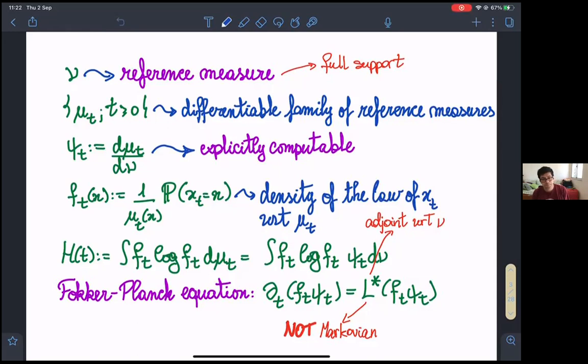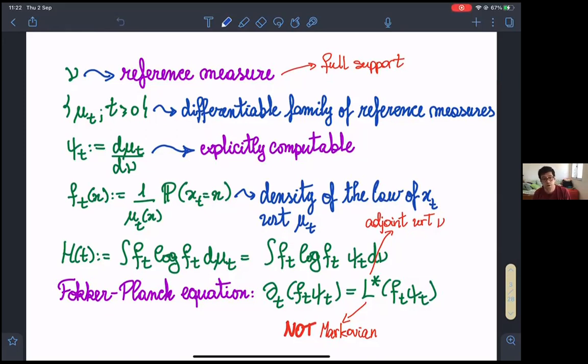So now the Fokker-Planck equation is slightly different from what I presented last time, because it's not f_t that satisfies the Fokker-Planck equation, because f_t is the density of the law with respect to a moving reference measure.